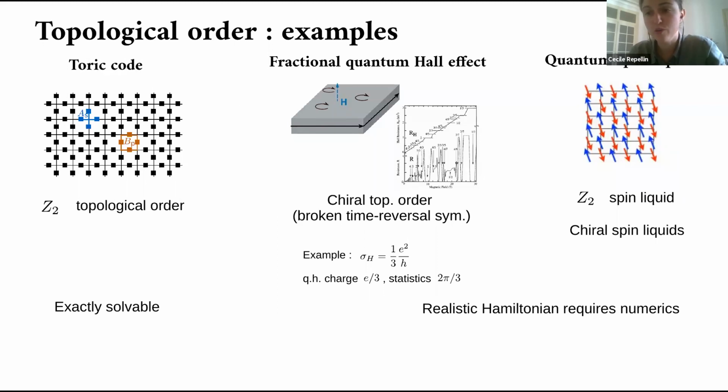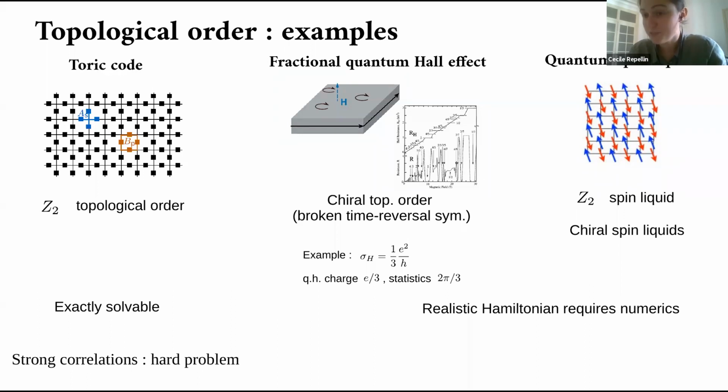But if you want to look at a more realistic Hamiltonian, then you are going to need numerics in order to, well, first of all, know what is the nature of the ground state. Is it a ground state with topological order or not? So this is the purpose of this lecture, to understand how to extract those properties from numerics, to know the nature of the ground states from numerical data.